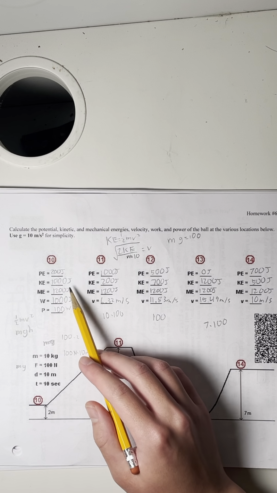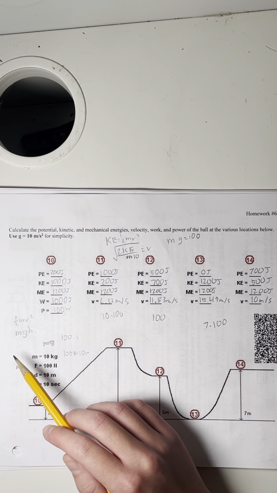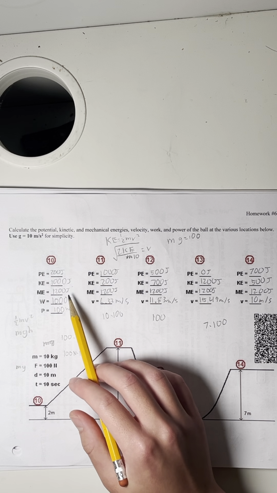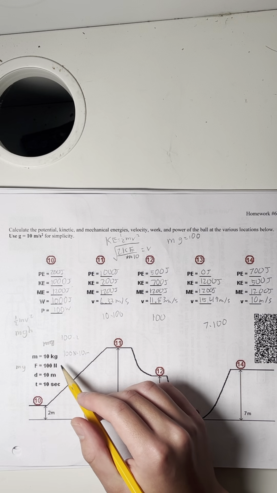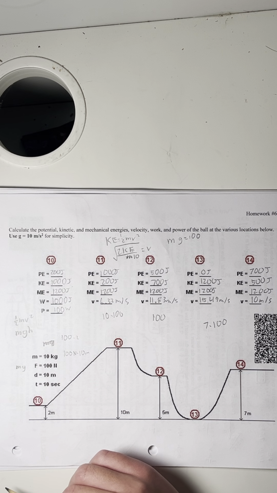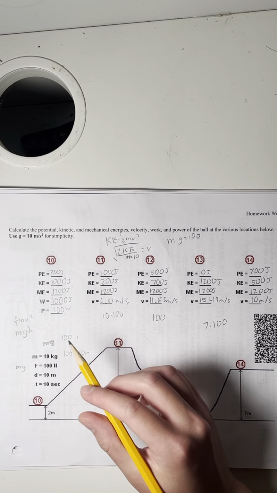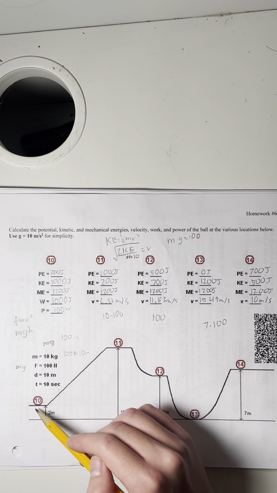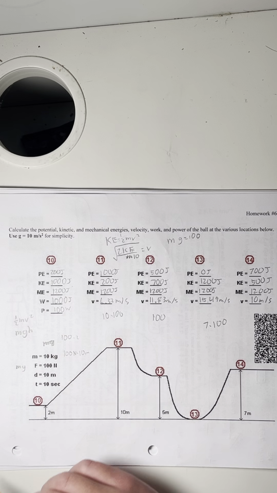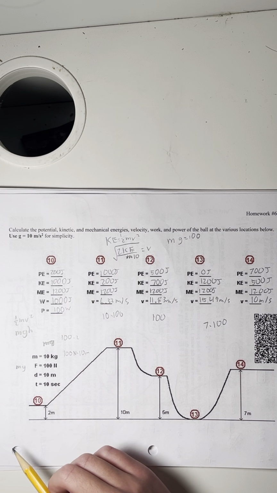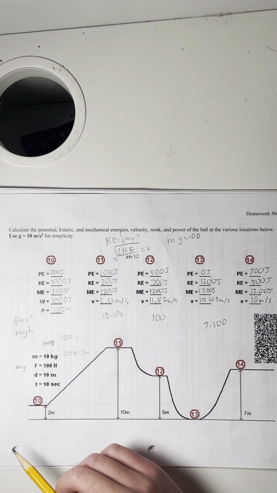And then our mechanical energy obviously is 1,200 joules because you add them together. And our work, which is force times distance, is simply 1,000 joules. And our power, because it's happening over the course of 10 seconds, is 100 watts because 1,000 joules divided by 10 seconds equals 100 watts.